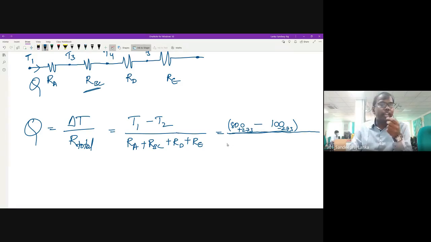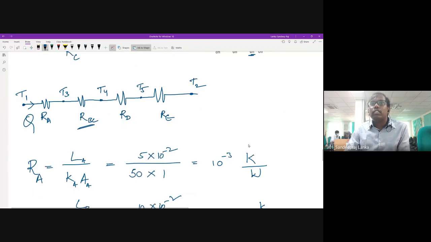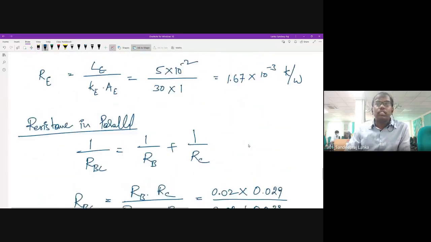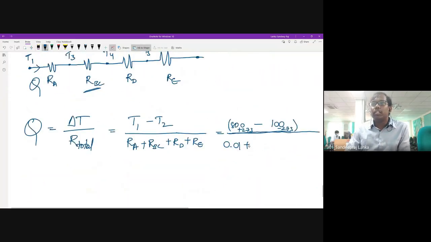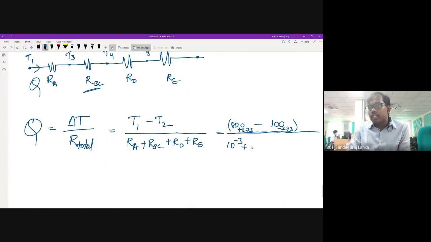So somebody tell me the RA value. The RA value is 0.01. Am I right? Yes, it is 10 to the power of minus 3. But RBC is 0.011. That is RBC.